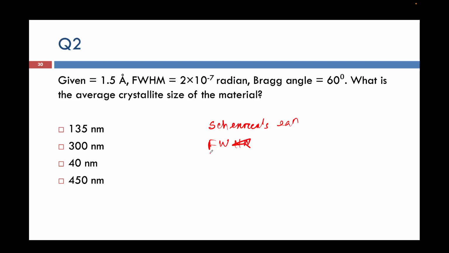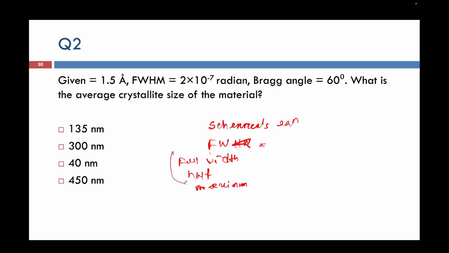Okay, so this expression I have not written earlier. Scherrer's equation is given by FWHM, full width half maximum.